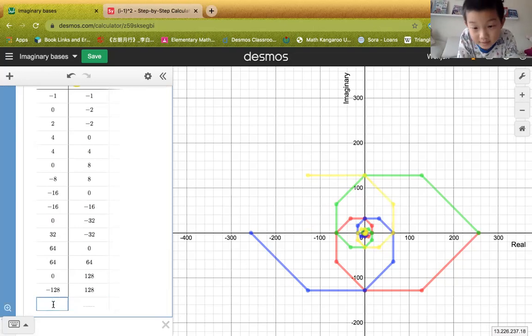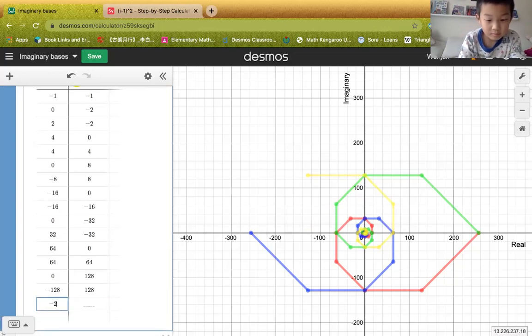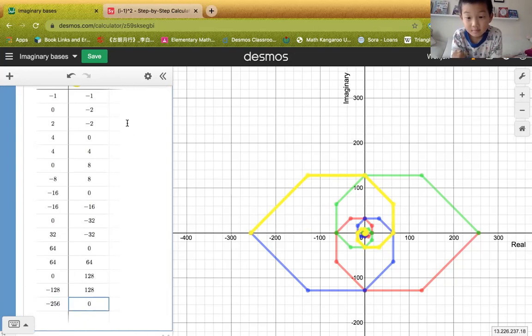Now over here, what will we do? Wow, this does look very different long term.